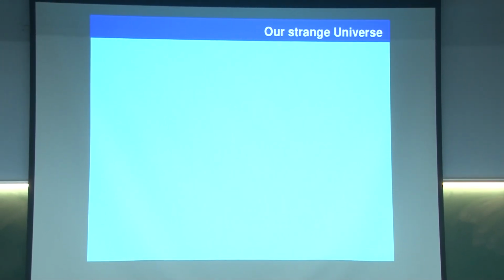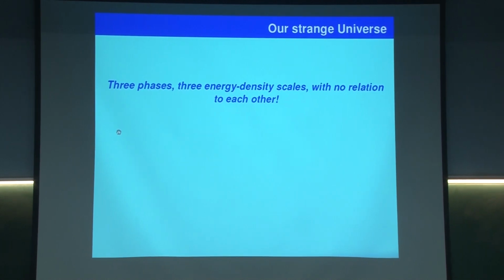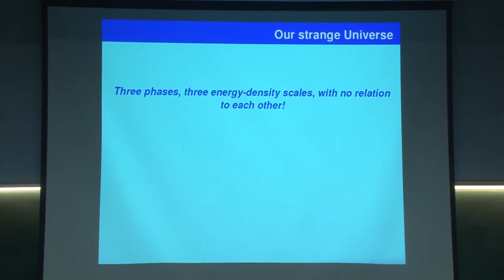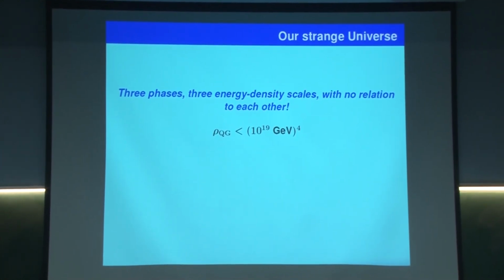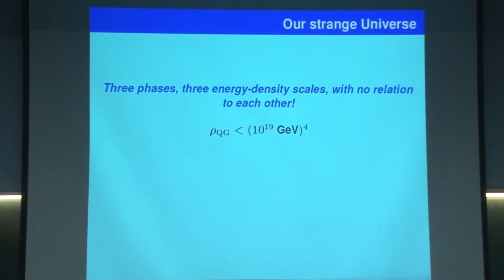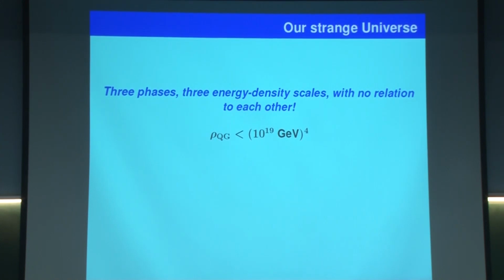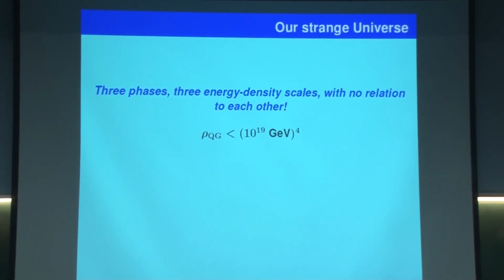Now you ask what is the signature of our universe, and you find it's pretty strange. It essentially has three phases and three characteristic energy density scales, and to the extent we know there is no a priori relation with each other from observations or from theory. First you have rho_QG. All that we know about it is probably less than 10 to the 19 GeV to the power 4. As I said, the pre-geometric to geometric phase transition, we don't even know how to describe it.